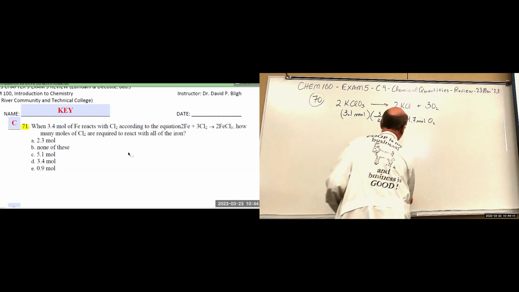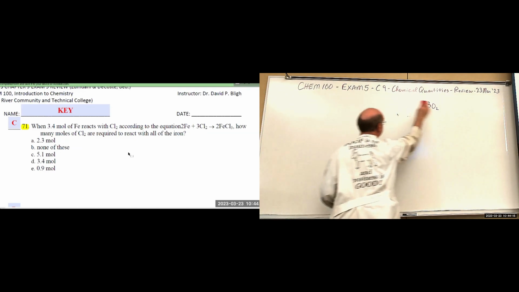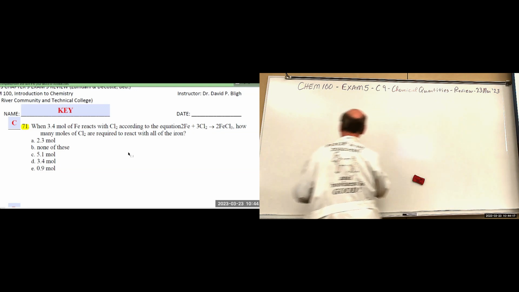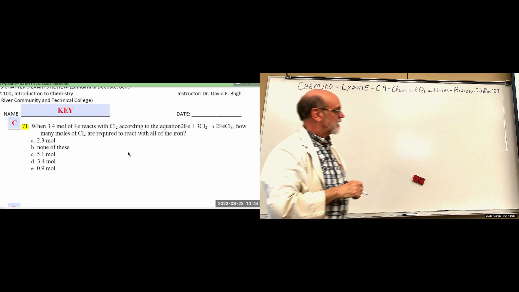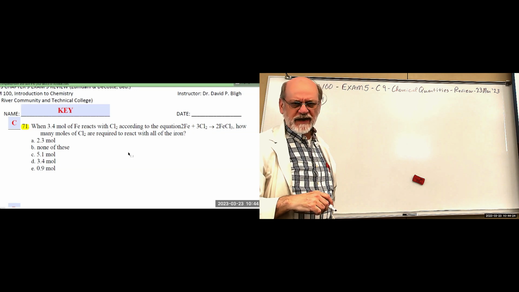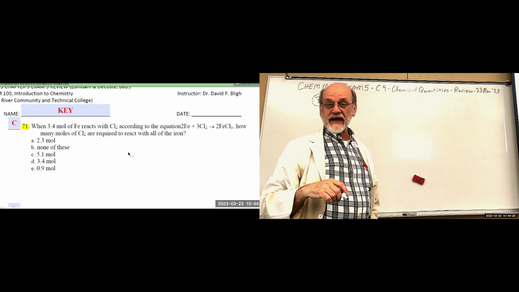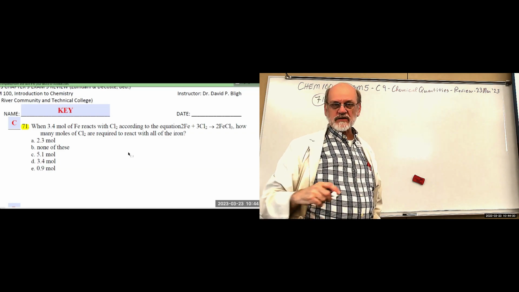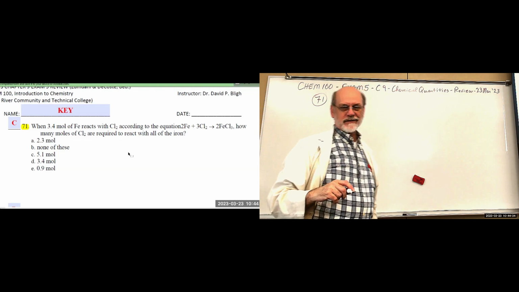71. When 3.4 moles of iron react with chlorine, probably a gas, according to this equation, how many moles of chlorine are required to react with all of the iron?